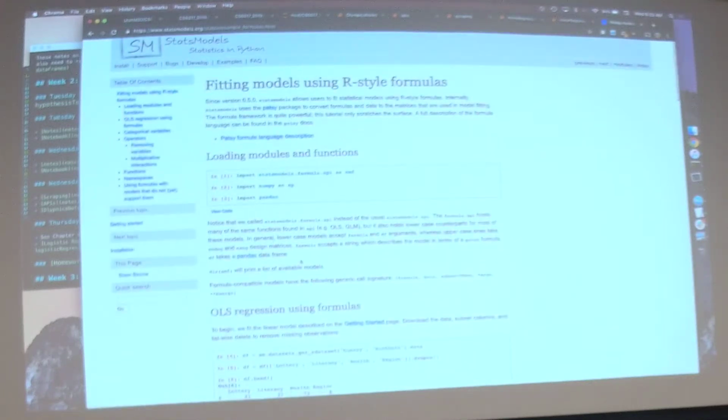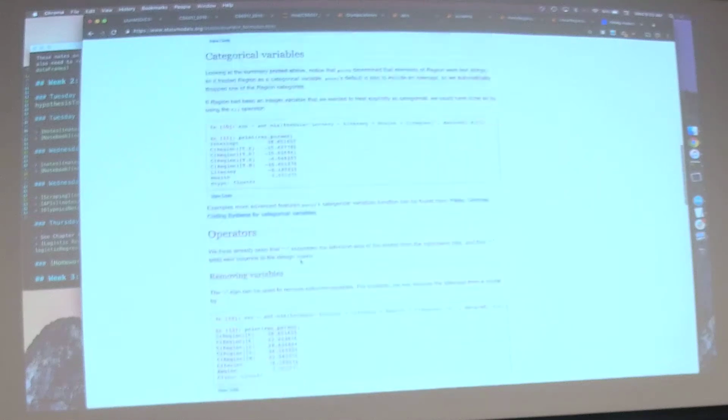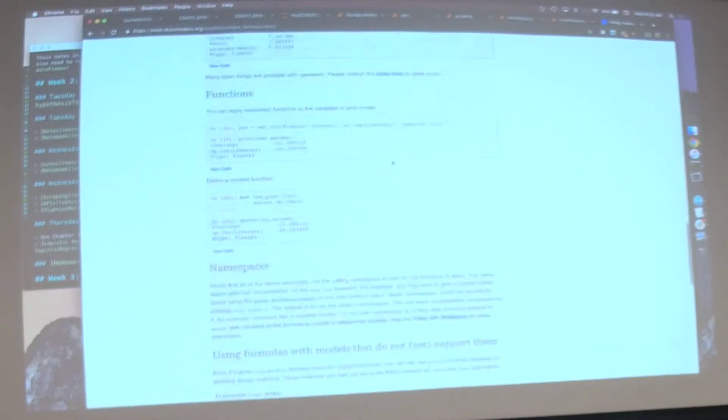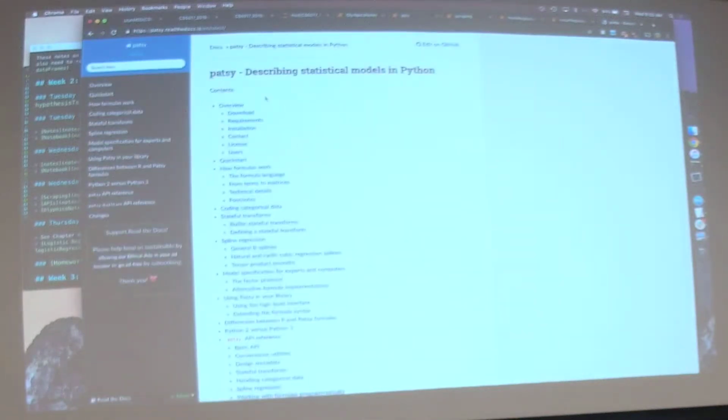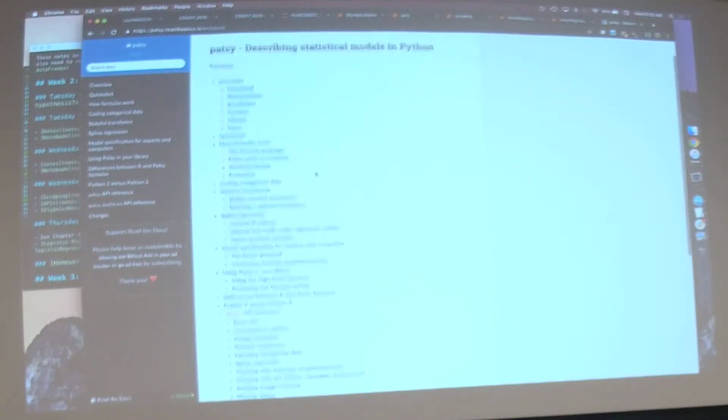So it looks like this language called Patsy, and so if you want to do more complicated formulas, then this would be the place to look.